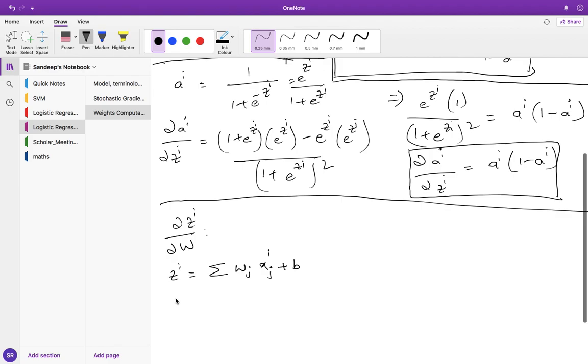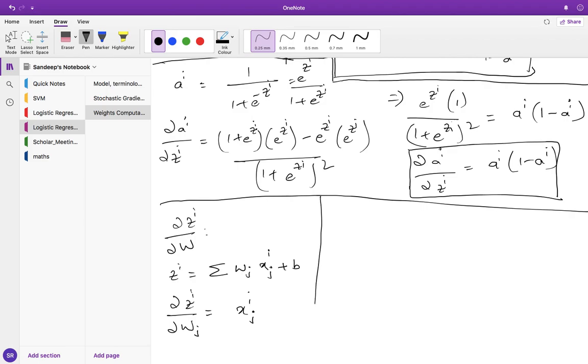So when we find dou zi divided by dou w, say I want to find it for wj, that would be xji. This is the derivative, and b is a constant, so its derivative would be 0.